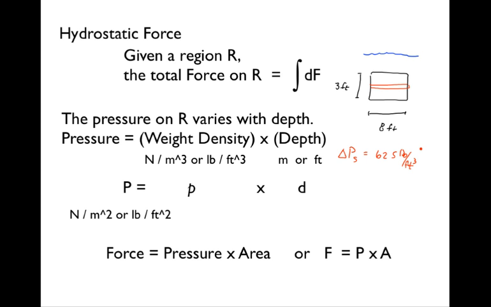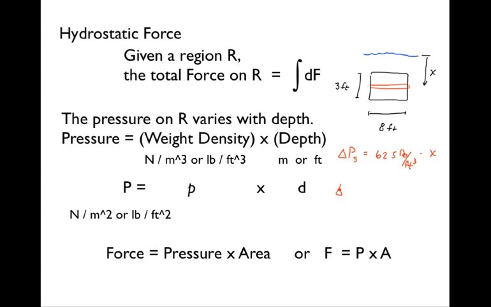Frame of reference: with these hydrostatic pressure problems, I recommend a frame of reference always from the surface of the water. So we'll go back to using x. You could use different frames of reference, but for the water ones, I recommend using the surface. So what is d? For this strip, it's just going to be x.